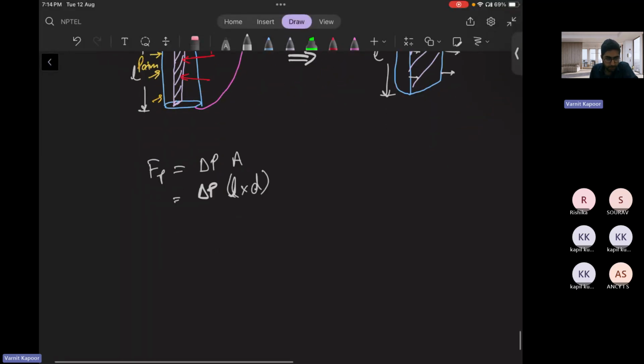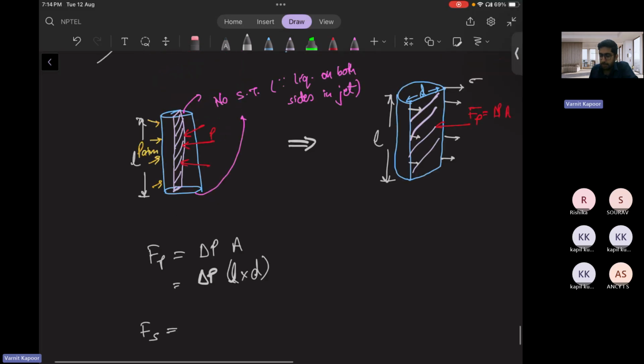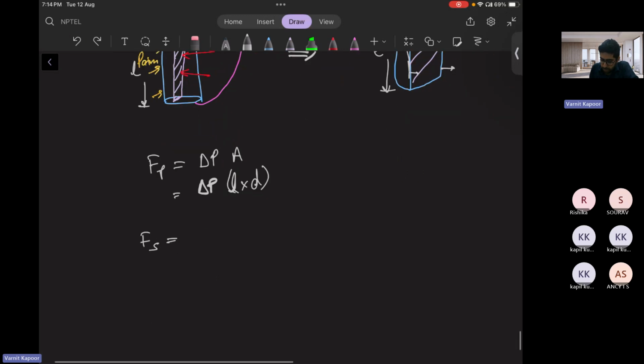So this was the pressure force. Whereas what is the surface tension force? Fs is nothing but, again, there are two sides, sigma into L plus sigma into L, from this side and this side. So twice sigma L. You will balance them.